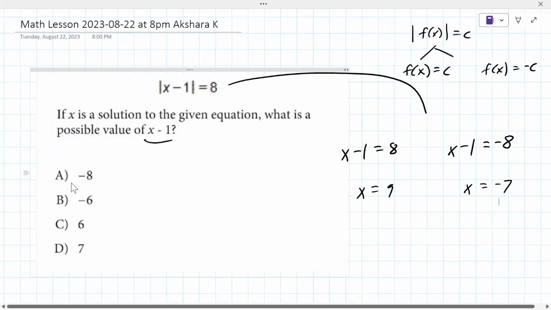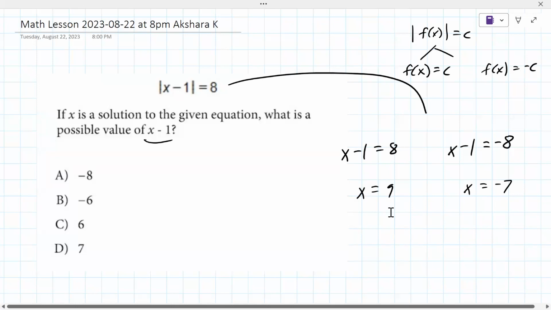The answers are over here. What is left? X minus 1. Okay, so you have to subtract 1 from each of your answers. So it'd be A.